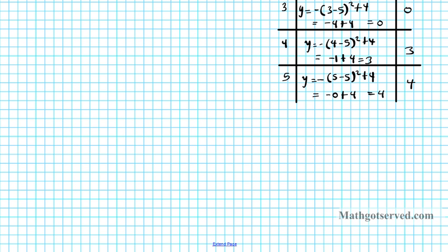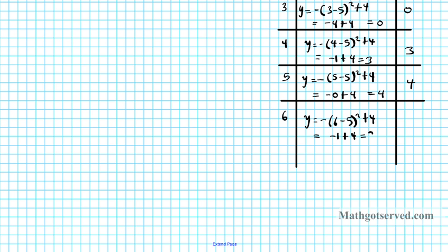Alright, we have 2 more inputs to consider. Then we'll use those points to sketch our graph, okay? So we're going to take a look at 6, which is the next number. If we plug in 6 into the function, we get y equals negative (6 minus 5) squared plus 4. 6 minus 5 is 1, so we have negative 1 plus 4, which is 3.